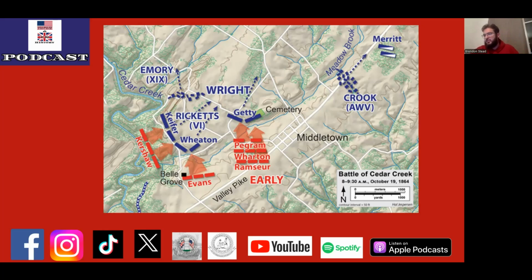Getty's division defended this position against many Confederate frontal assaults from the divisions of Ramseur, Pegram, and Wharton, which you guys can probably see on your screen here. Pegram, Wharton, and Ramseur are attacking Getty's.